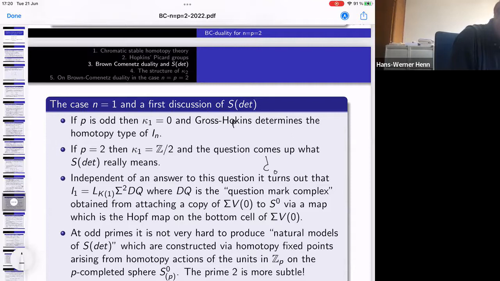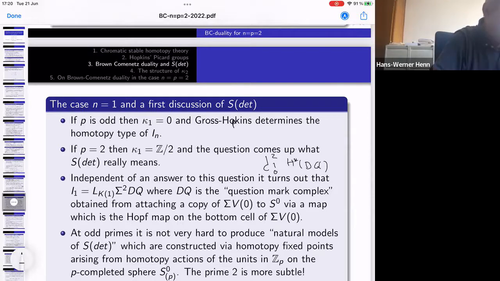There's something in degree 0, 1, and 2. So that's H^* of DQ. And so that's actually obtained by attaching a copy of the suspension of the Moore space to S^0 via a map, which is the Hopf map on the bottom cell.